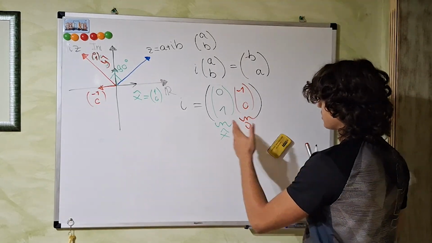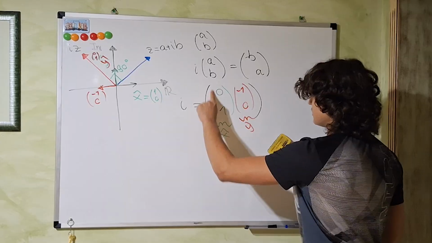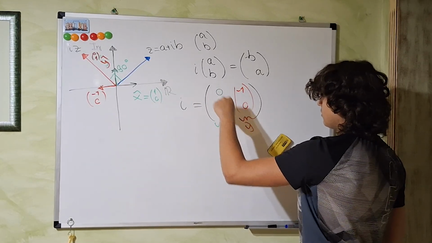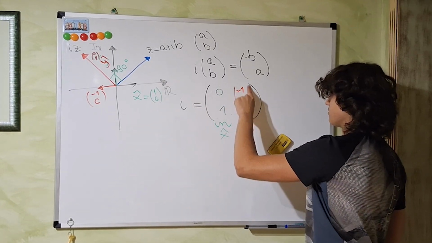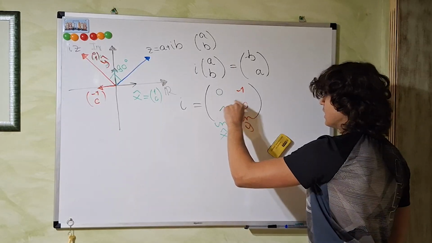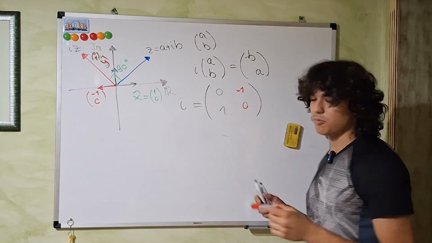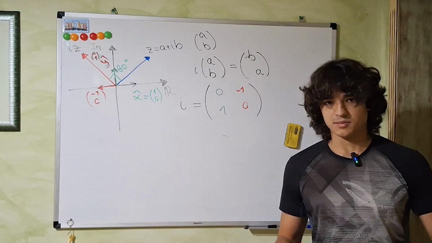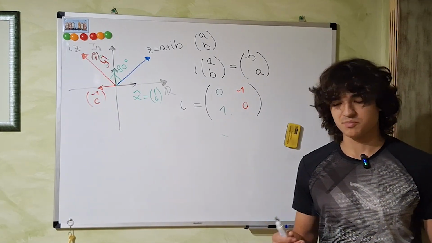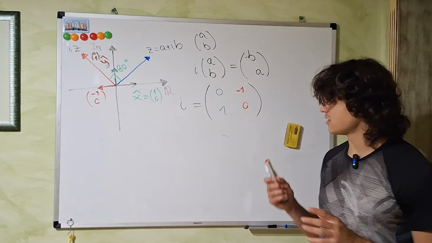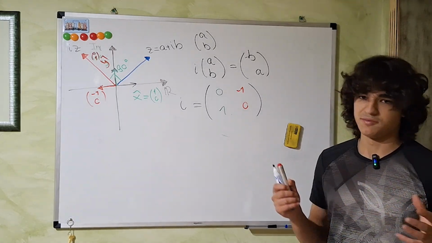Why is this the matrix 0, 1, -1, 0? Let's see whether this approach really works. Now, we won't go through matrix-vector multiplication and matrix-matrix multiplication. We just want to look at it from a simpler view.